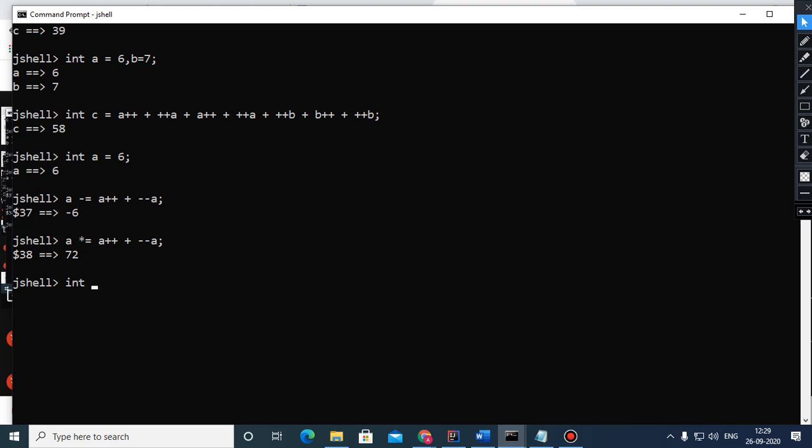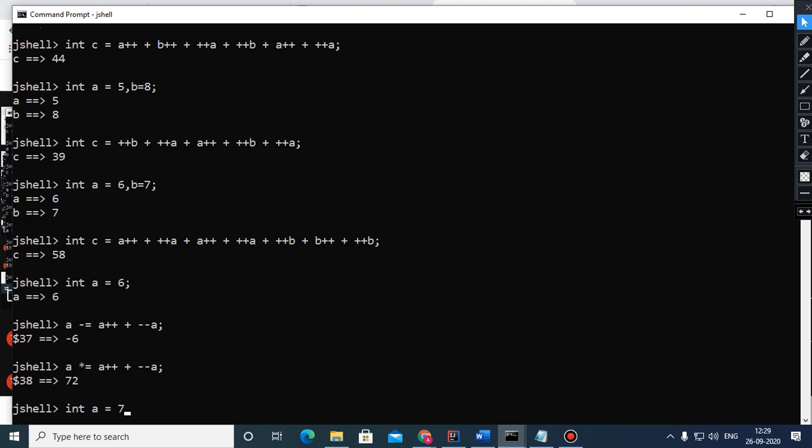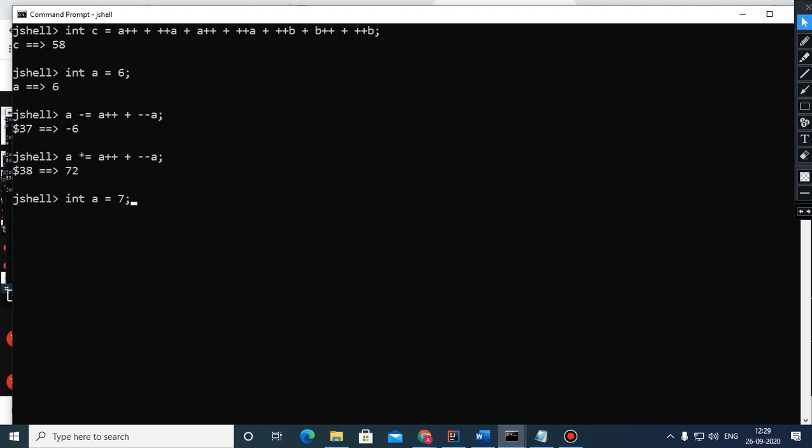Just wait. Int A is equals to 7, and then you just write A asterisk equals A plus plus plus minus minus A plus A plus plus. Now tell me what is the answer. What is the answer, children? Please tell.